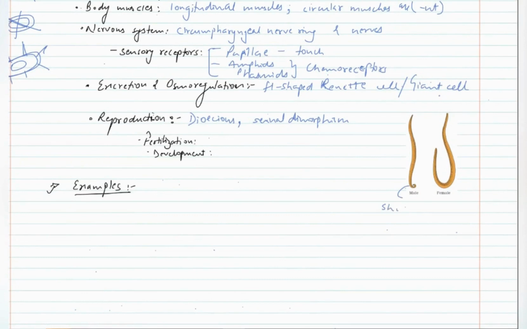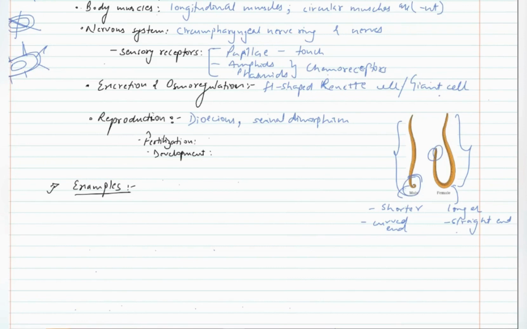So males are usually shorter, females are usually longer, males have a curved end, females have a straight end. You can see male is smaller, female is larger, and the end is curved in male and straight in female.